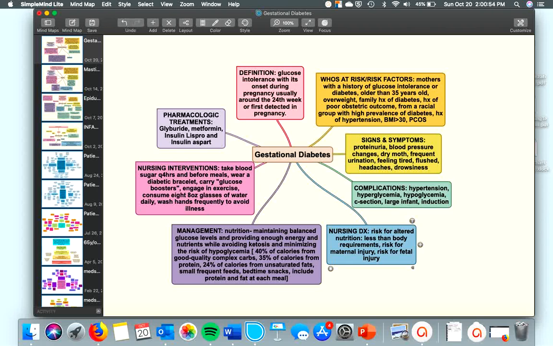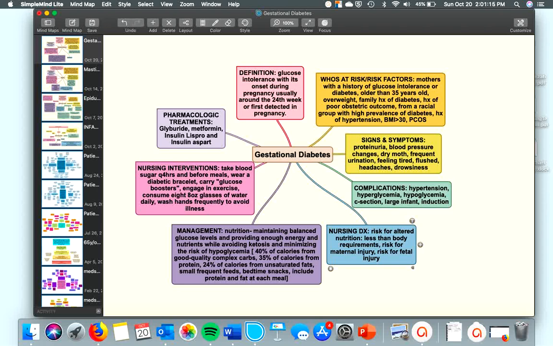They come from a racial group with high prevalence of diabetes. They have a history or currently have hypertension. They have a BMI greater than 30, and they currently have PCOS or polycystic ovarian syndrome.